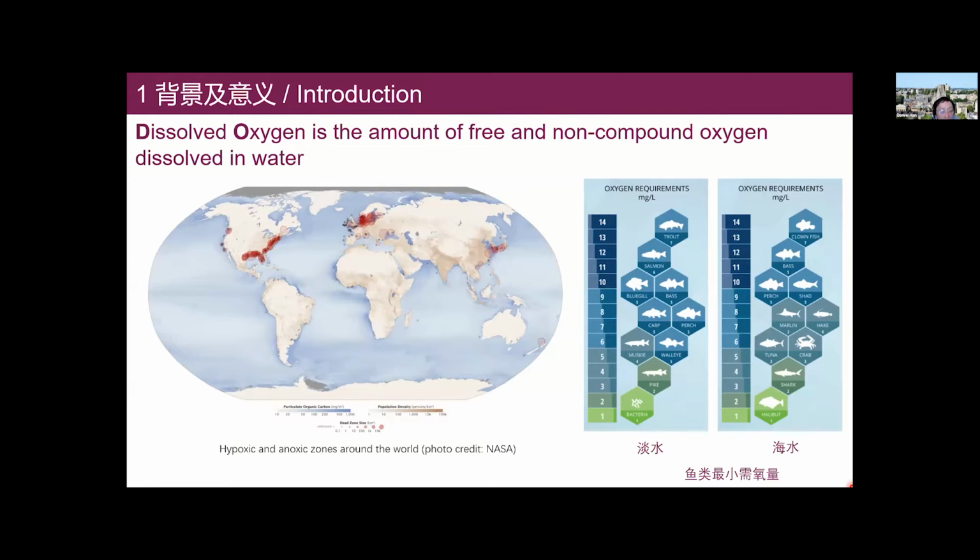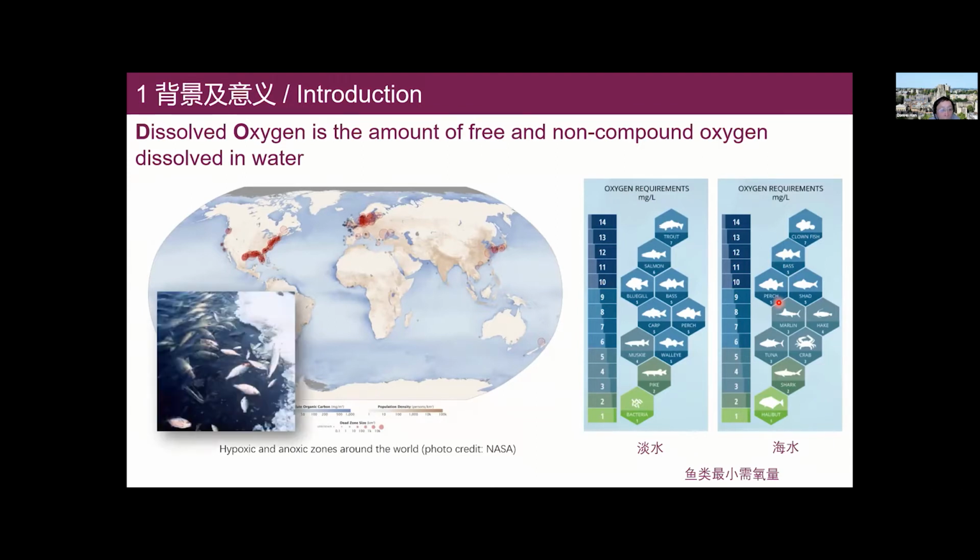Microbes use DO to decompose organic material. The amount of DO needed varies from creature to creature. When the DO demand is not satisfied, aquatic organisms would be killed by hypoxia, and hence DO can effectively indicate water pollution and water health.